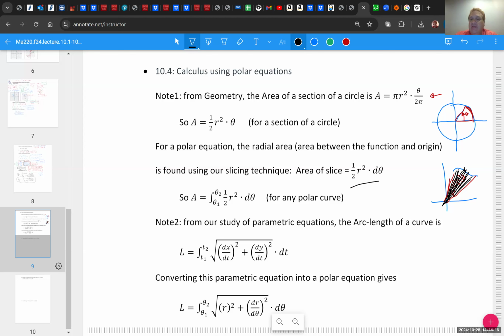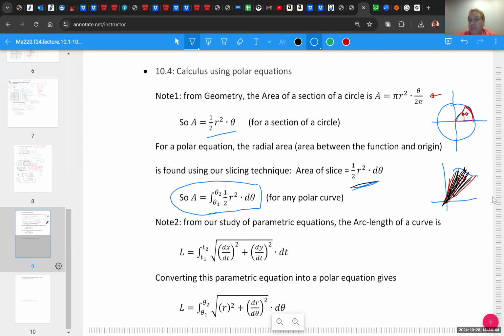So our little slice area has 1/2 r squared times d theta as opposed to 1/2 r squared times theta. We get a little d theta, a little change in theta. And so if you add up all those little slices, you get this formula right here. This is a formula that you'll be using in this section. That is the radial area for a polar graph from some starting theta value to some ending theta value.